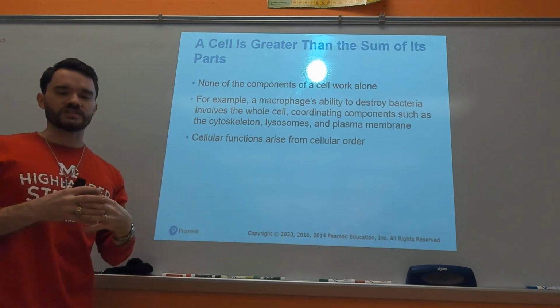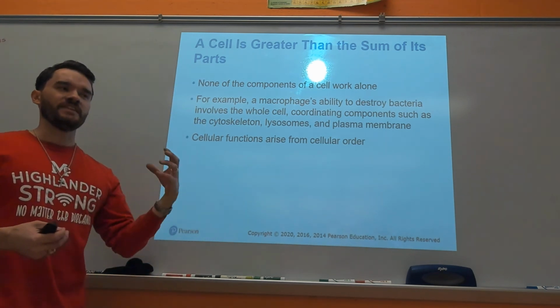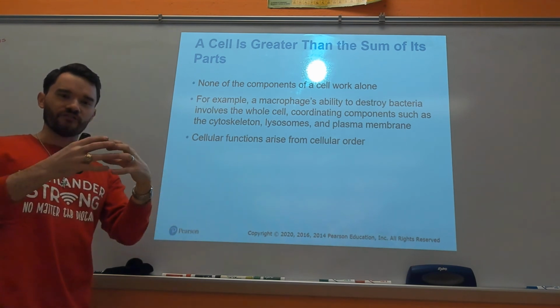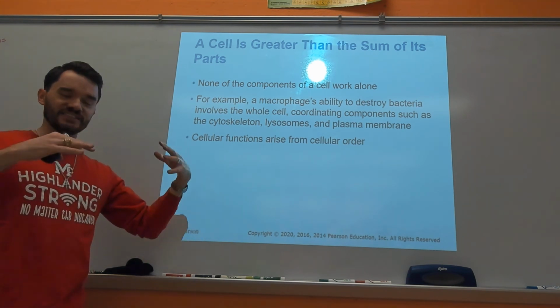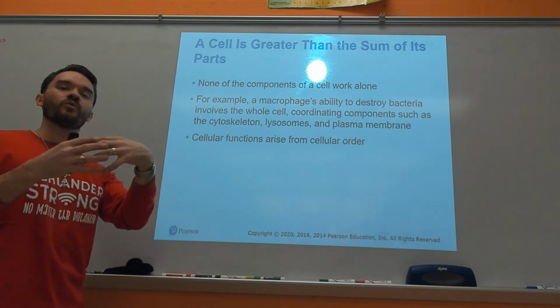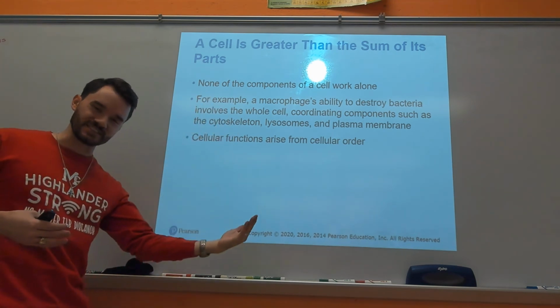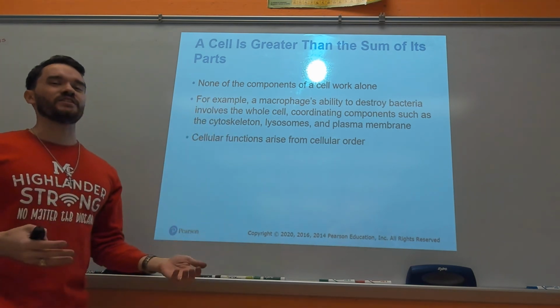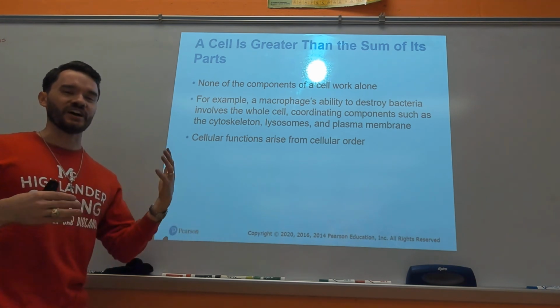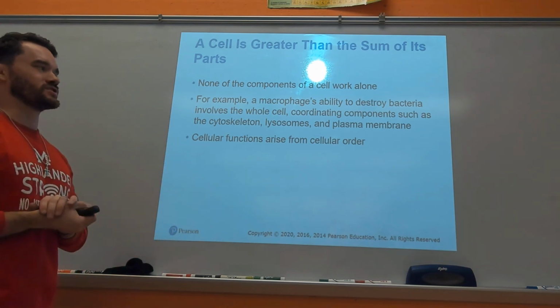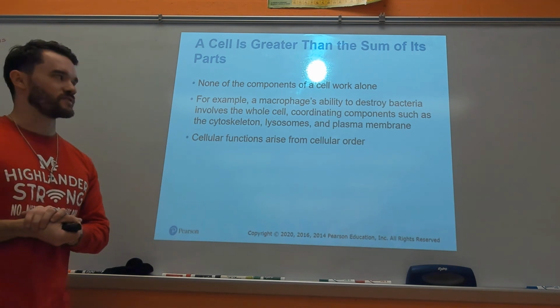All these parts work together to make a cell function, and then cells function together in a tissue layer, and then different tissue layers work together in an organ, and then different organs work together in an organ system, and different organ systems work together to keep an organism functioning healthily. So just try to keep that bigger picture in mind whenever we're talking about the different organelles.